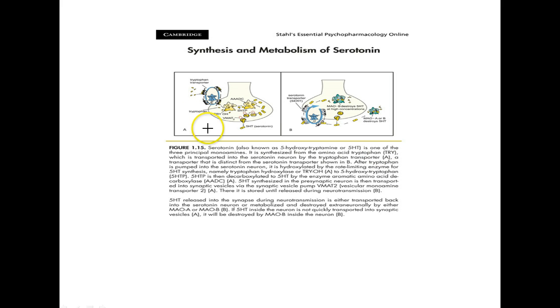Its precursor is synthesized from the amino acid tryptophan, and then it goes through a number of cascades of reactions, the tryptophan transporter being one of the rate-limiting steps that takes in tryptophan. That's the neurotransmitter transporter, tryptophan in slide A, and then it is pumped into serotonin neurons and hydroxylated at the rate-limiting step.